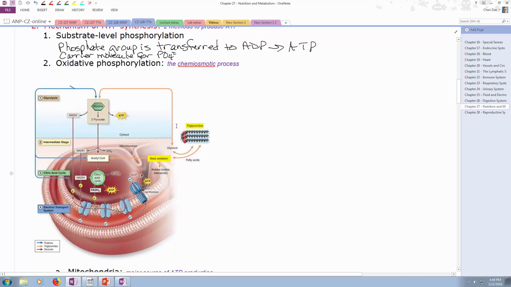Oxidative phosphorylation sounds like we need oxygen somewhere in the story, and indeed, oxygen is going to be called the final electron acceptor. In this process that occurs in the mitochondria, oxidative phosphorylation occurs in our mitochondria only.